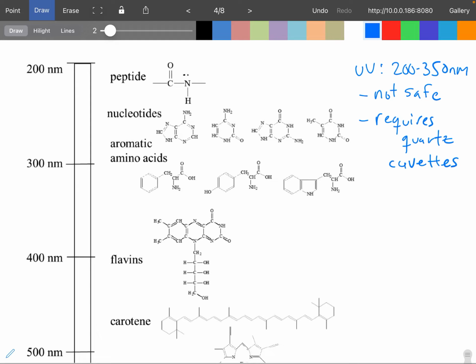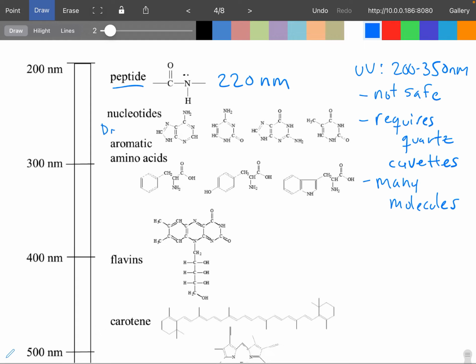not perfect. But the upside is that there are lots of molecules that absorb in the UV, examples of which are shown here. So the peptide bond, of course, which is present in all proteins, absorbs in the 220 nanometer range. And so if you put a protein sample in a UV-visible spectrophotometer, you're going to see a very large peak at 220 nanometers.